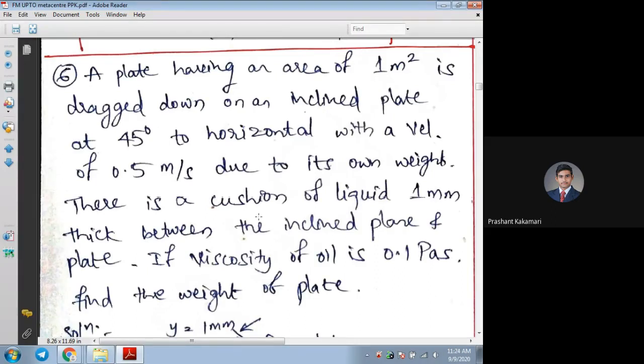If the viscosity of oil is 0.1 Pascal second, so Pascal second is nothing but what? Can anyone tell me what is Pascal? Earlier we have discussed what is Pascal.